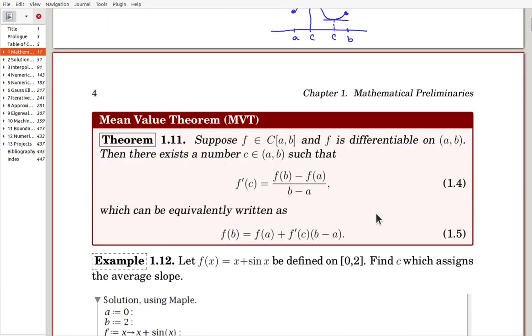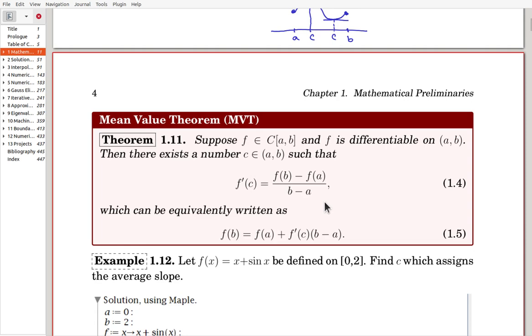Okay, now we have the mean value theorem. F is continuous over the closed interval AB and differentiable. Then there is a number C between A and B such that this is the average slope, and this is the derivative at C. So the instantaneous slope at C is the same as the average slope.